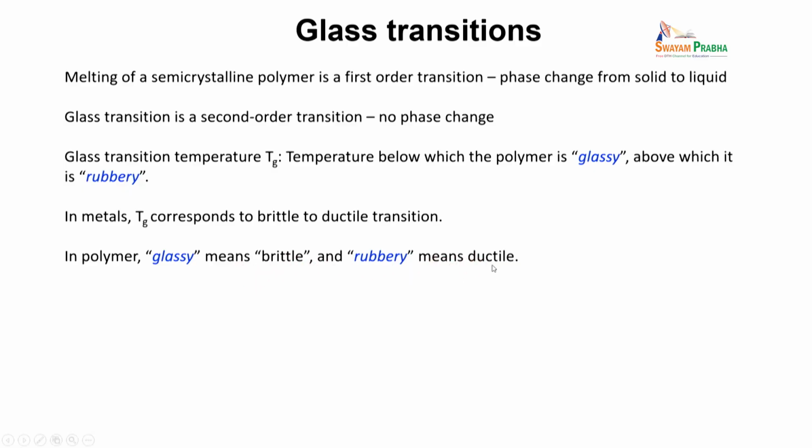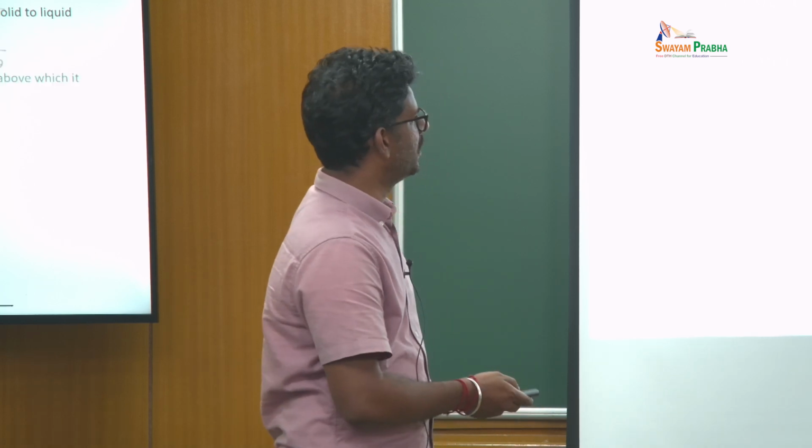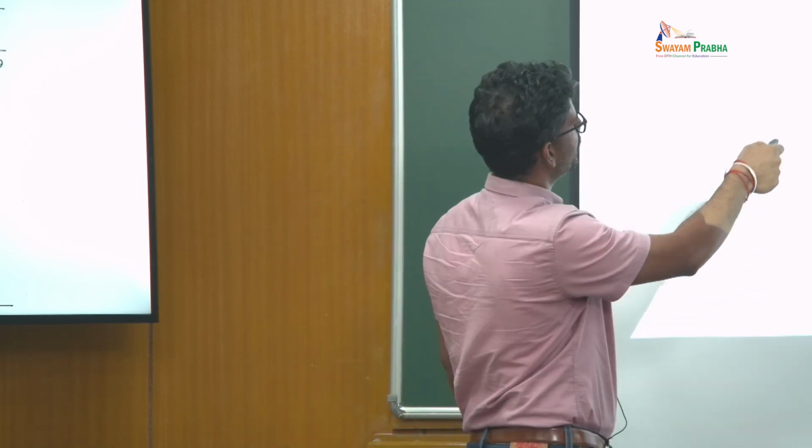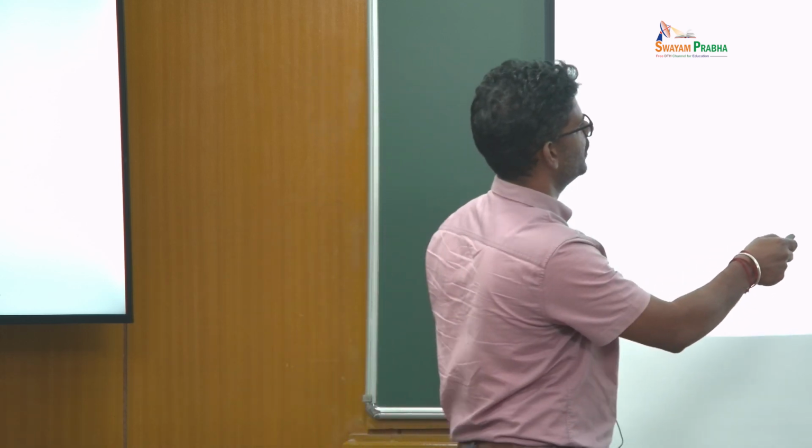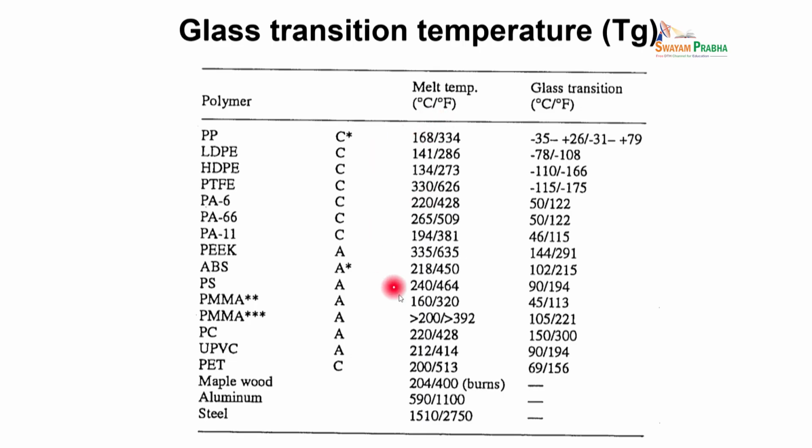Okay, so I have a slide to show a lot of different kinds of polymers here: polypropylene, polyethylene, a lot of them on the left. This letter here means crystalline or amorphous. The top first six or seven polymers are crystalline, the next are amorphous. Then the third column is the melting temperature, where you melt the polymer from a solid to a liquid. There are two numbers, one in centigrade, another in Fahrenheit. Look at the first number, which is in Celsius.